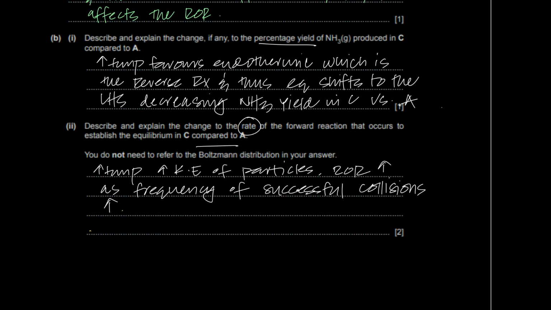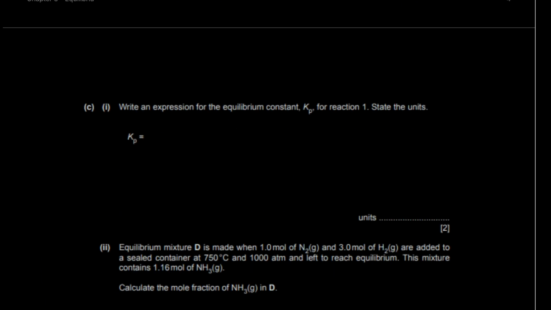And fun fact, you've also studied that increase in temperature means more particles have energy equal to or greater than the EA, the activation energy. So more successful collisions, and therefore higher rate of reaction. You've studied this in O-level IGCSE. It's okay, you'll recap it in chapter 10 again.